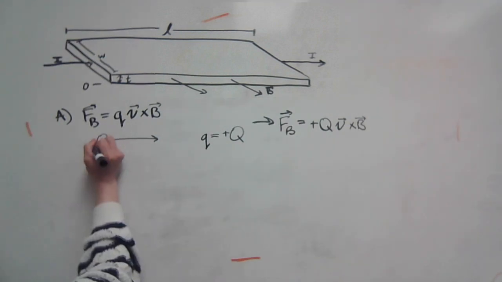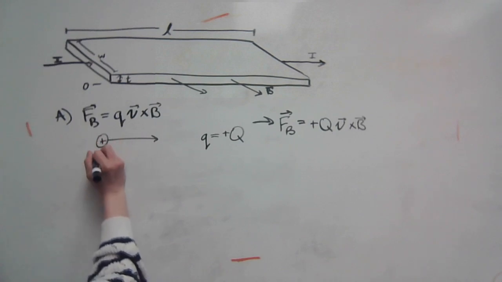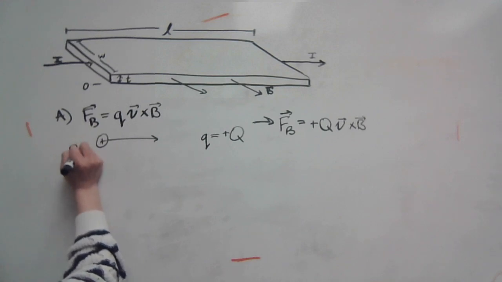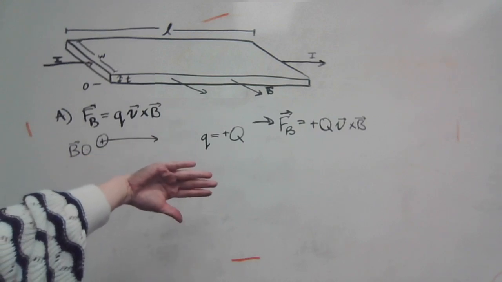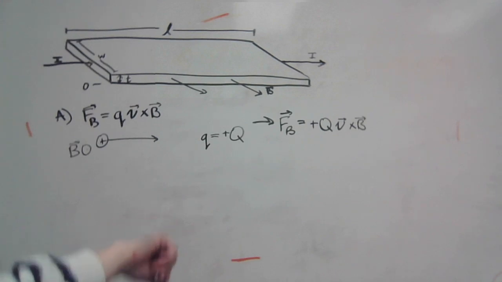Then I'm going to write here that the magnetic field is out of the page. And using the right-hand rule, with v to the right and B out of the page, we get a force due to the magnetic field downward.